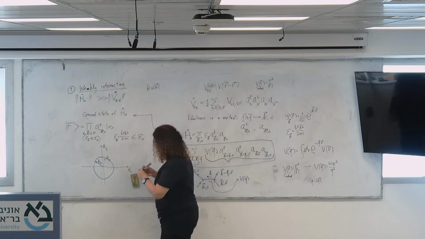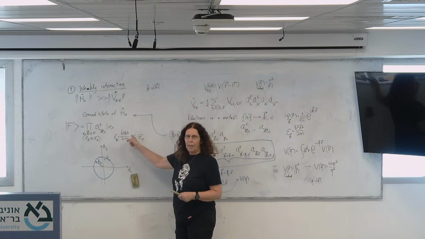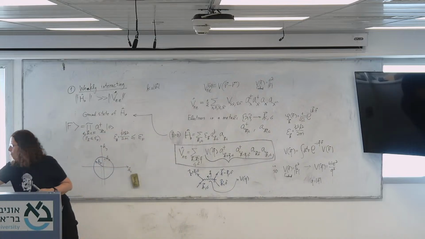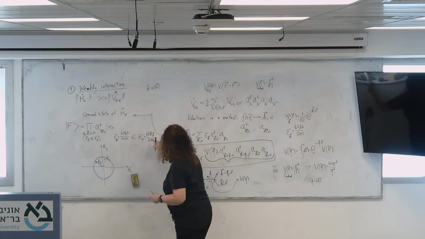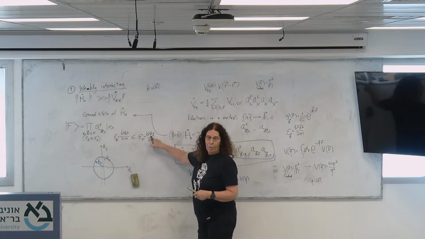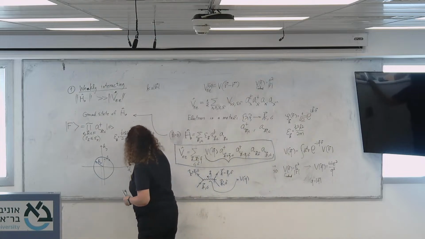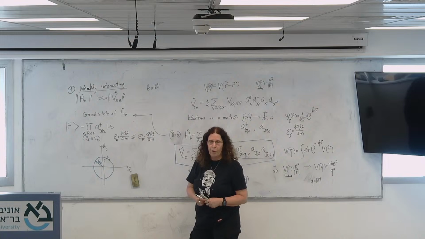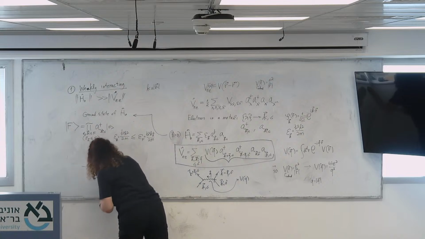Where what is kF? It's the absolute value of k, which is related to E Fermi. So E Fermi you can write as h bar squared over 2m times kF squared, where kF is the absolute value of the wave vector. And all the states on the sphere have energy that is exactly E Fermi, but the states that are inside, sorry, let me use blue color.